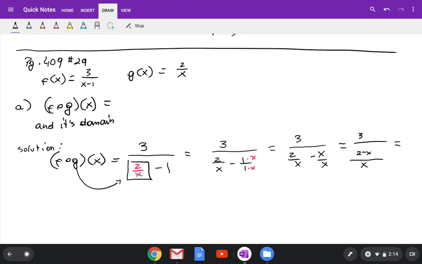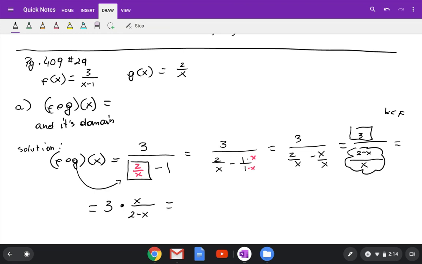And simplify more. Now you have fraction divided by fraction, which means keep, change, flip. Keep your numerator, which is 3. Change means change division to multiplication. Flip the bottom part, so you'll end up with x over 2 minus x.